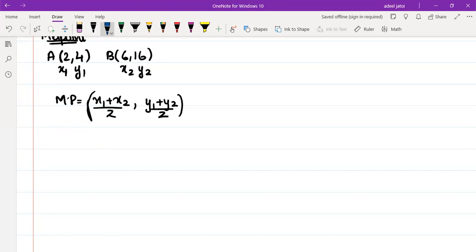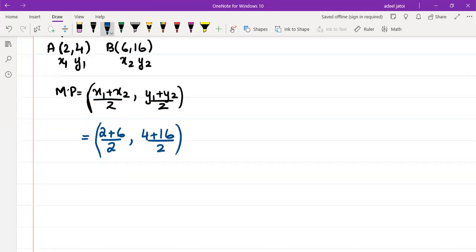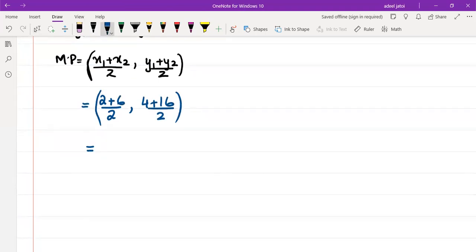So if I want to write it down in the formula, that means 2 plus 6 upon 2, comma 4 plus 16 upon 2. And this will give you your midpoint eventually.